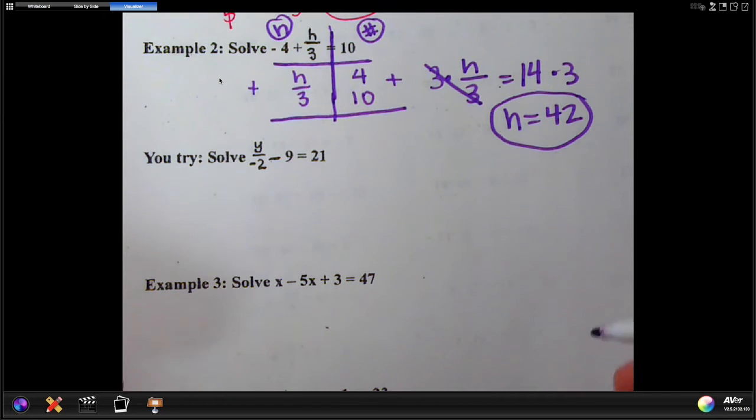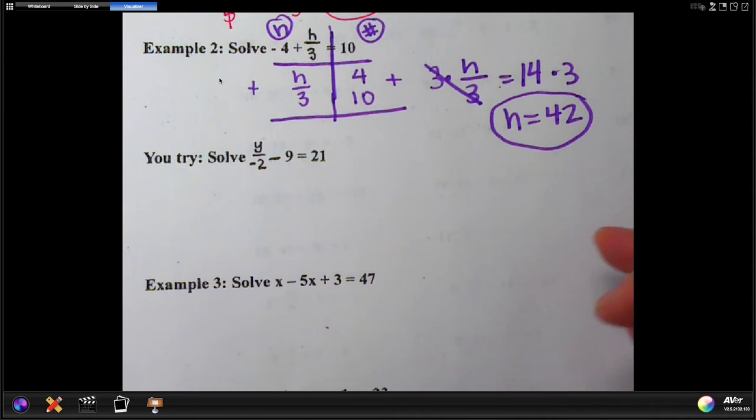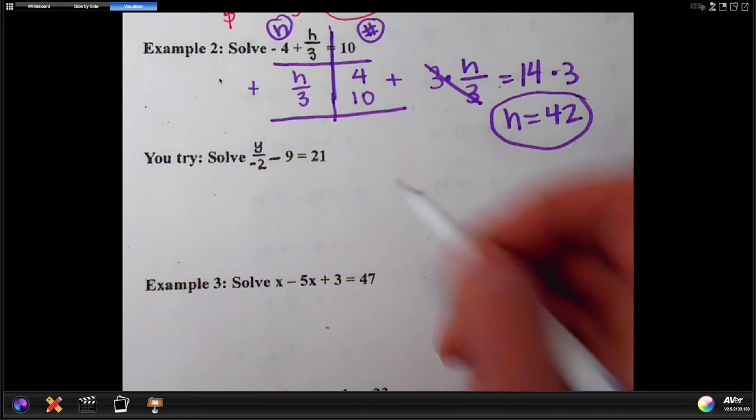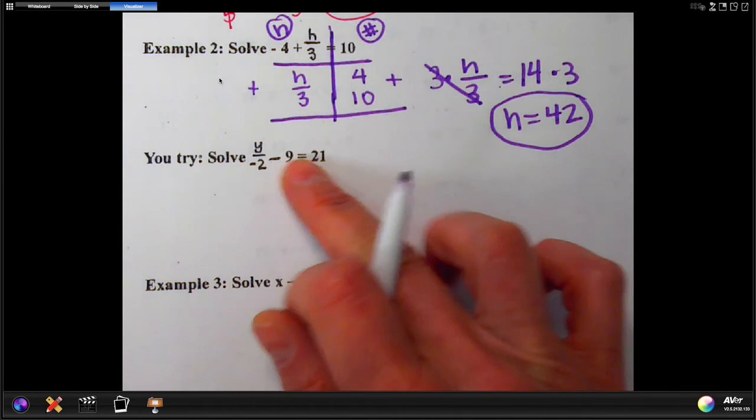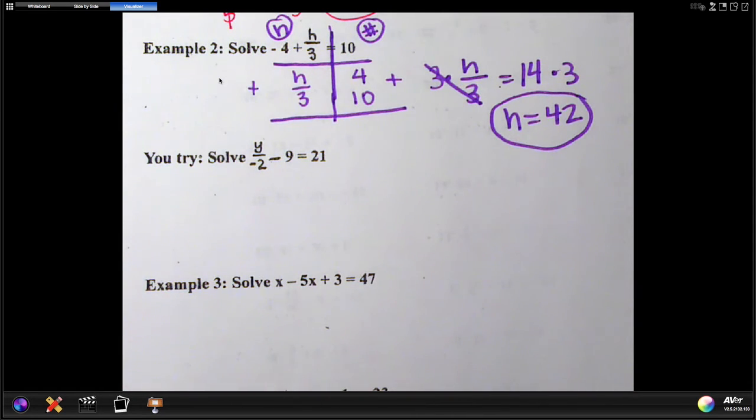Add them up in the categories and then either multiply or divide to get your final answer. One thing I will say, due to time in the video here, is that in the next one here, there is a negative in the fraction itself. So I'm going to do this one a little bit quickly and show you the only difference for that.